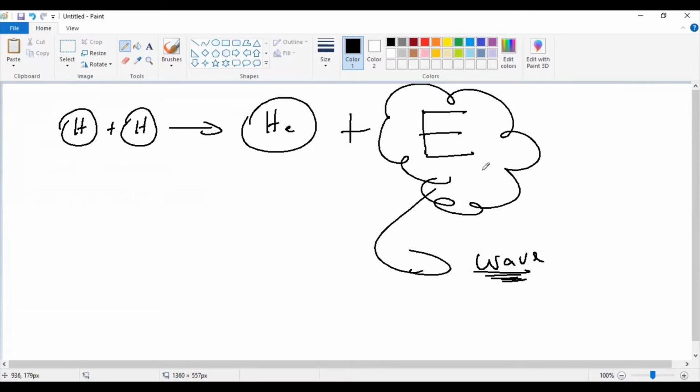Because if they get this right, it requires millions of joules of energy as the input. But what they're saying is that millions of joules of energy goes in, but you get trillions and trillions of joules of energy out. So it can be cost effective.